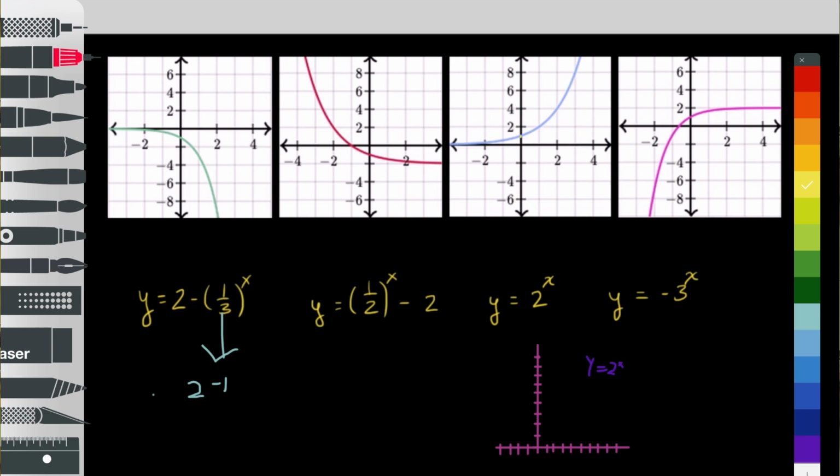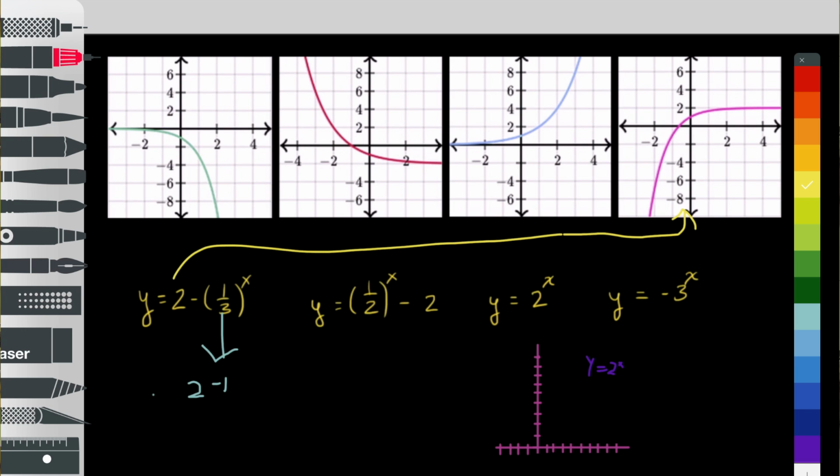So it's going to be very small. So it's going to be 2 minus something very small, so it's going to be about 2. So where do we see that? Is it in this graph? No. It's actually in this graph right here. So this one makes sense to go over here.